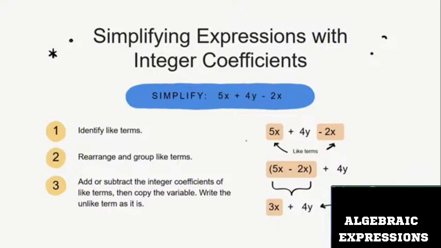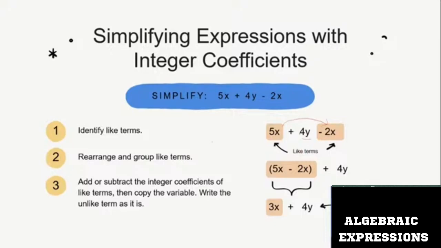So for example, we've been given a problem here, 5x plus 4y minus 2x. So in this one, we have a term in x, we have another term in x to the power 1. So it means that these ones are like terms, 5x and minus 2x. 4y is an unlike term.